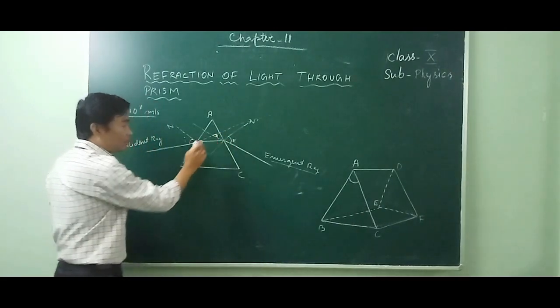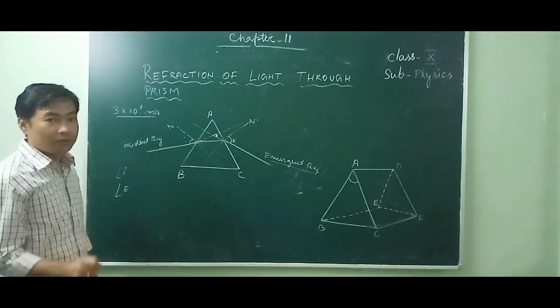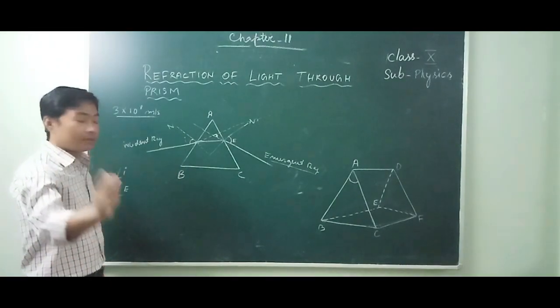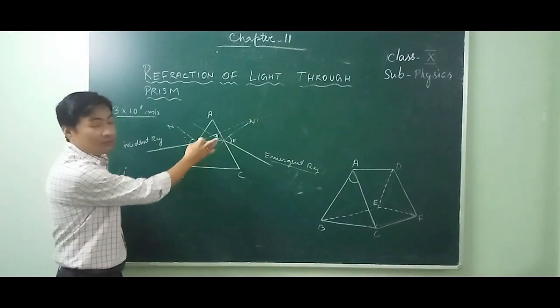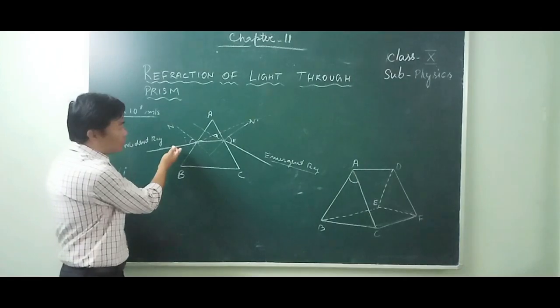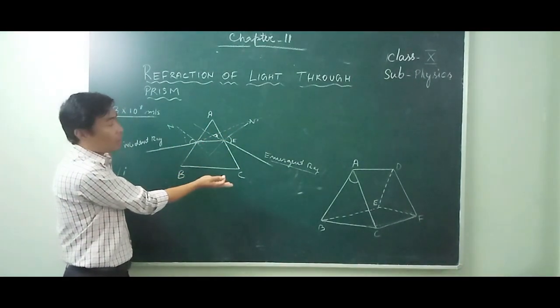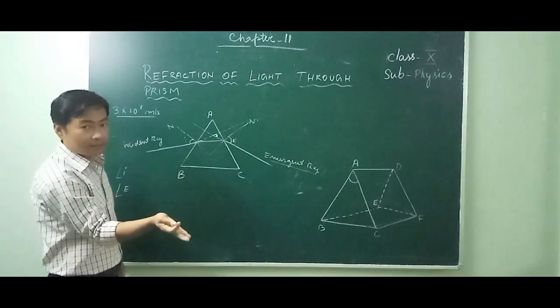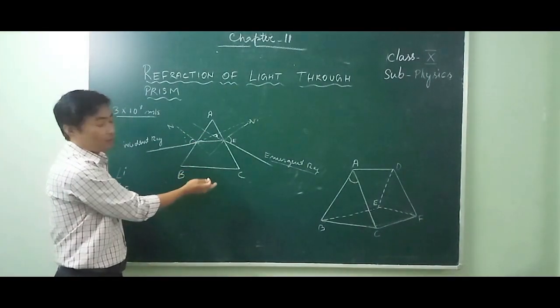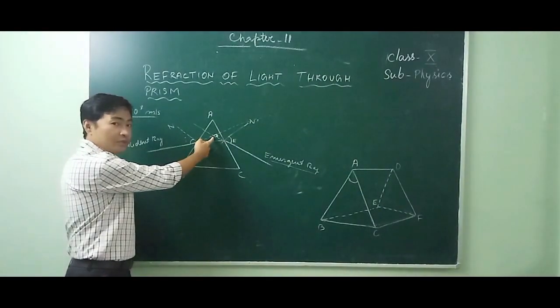So this angle of deviation will tell you to what extent the light has deviated. The light which was going straight now changes path, it's bent. So to what extent the light has bent can be determined by the angle of deviation.